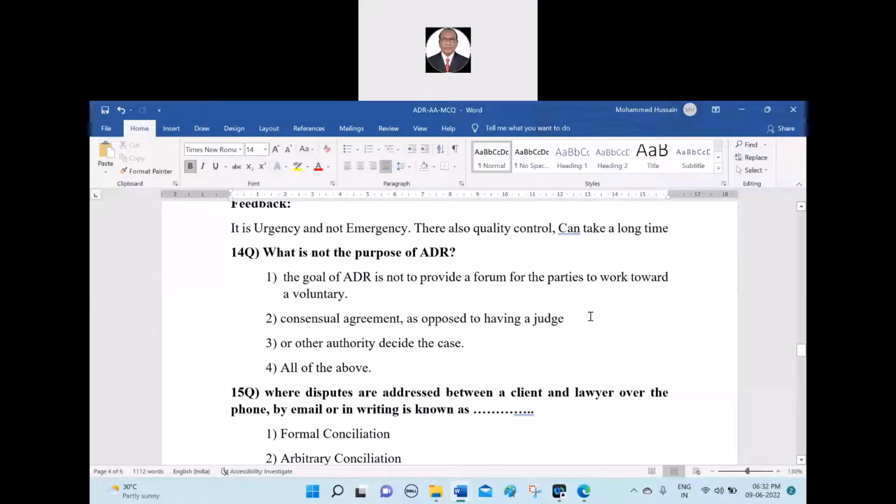No. The goal of ADR is to provide a forum for the parties to work towards a voluntary agreement. I intentionally put the not. So, the first one is not relevant. The rest are relevant.